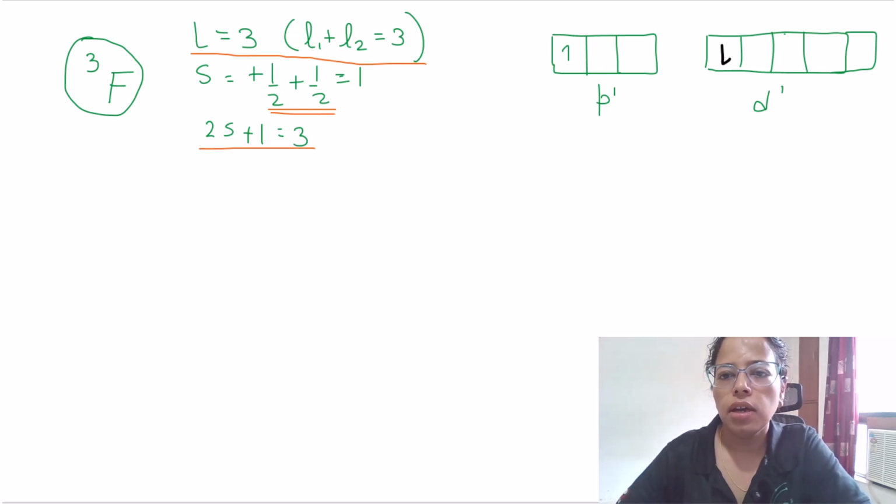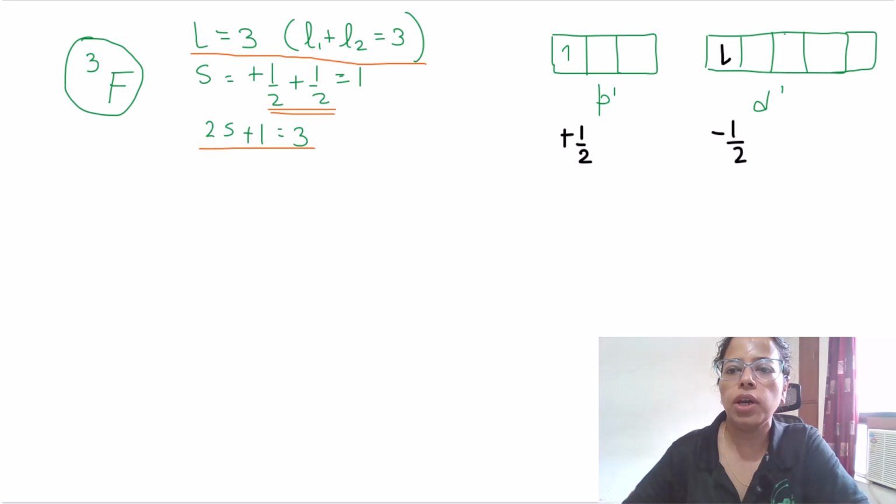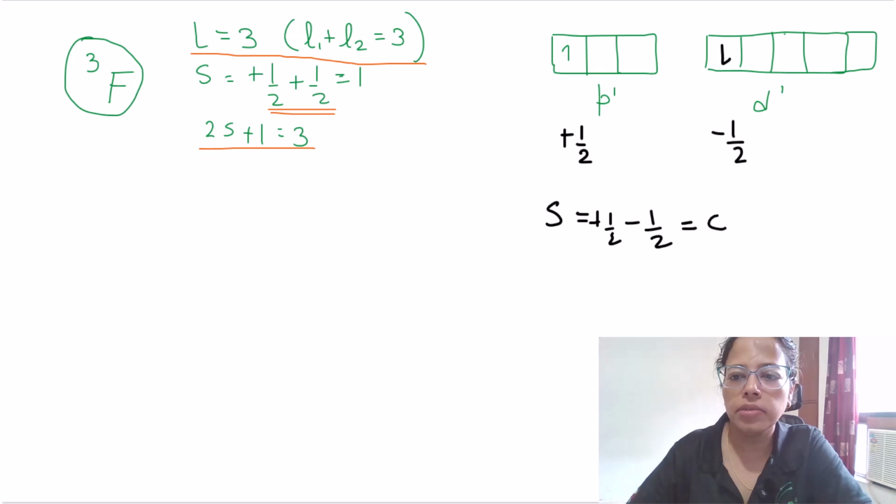If one is spin up or parallel, then it will have plus half value, and if the other electron has a spin down configuration or anti-parallel, then the value will be minus half. And the total spin becomes plus half minus half, that becomes 0.